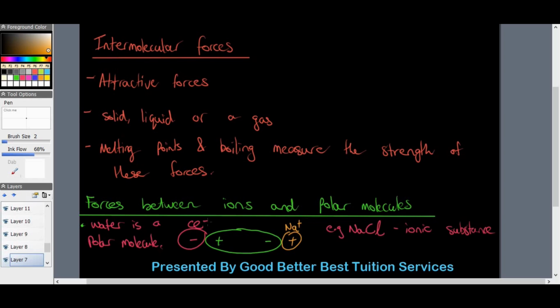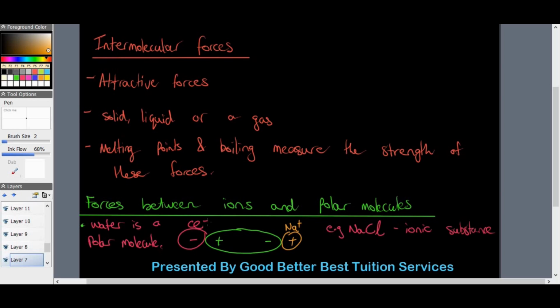It's called polarization or complete ionization in water. Salt dissolves in water completely. It completely ionizes. In other words, all Na plus ions go to the negative side of water, and all Cl minus ions go to the positive side of the water molecules.